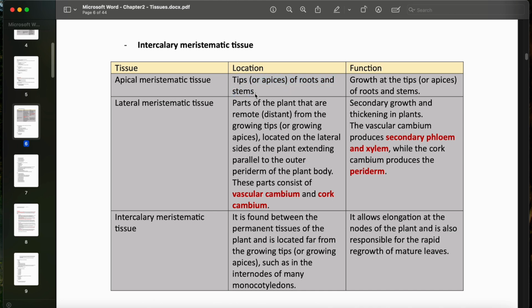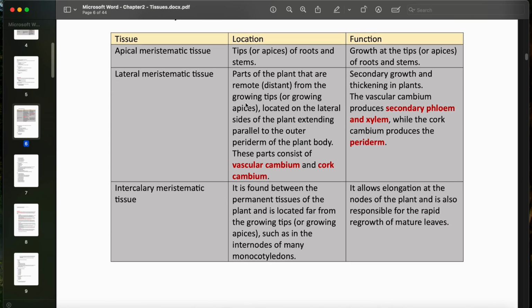And we actually look at the locations. It's pretty much describing the word that is in the name. So when I say apical, I can think about the apex, the top. So it is found in the apices, or the tips of the roots and stems.